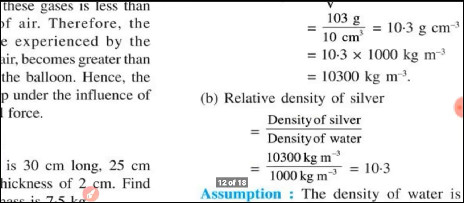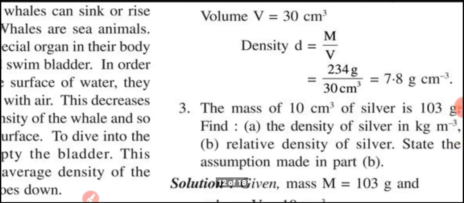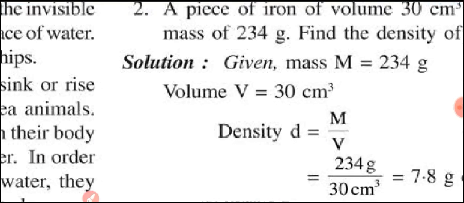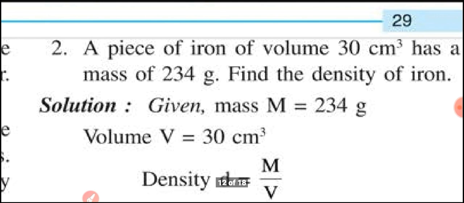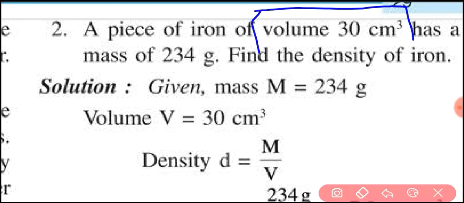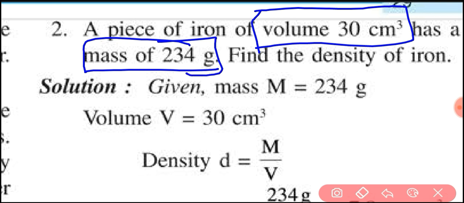Now we will move to second question. Please read out the question. A piece of iron of volume 30 centimeter cube. The volume is given here, okay. Volume is given and has a mass of 234 gram. Find the density of iron.